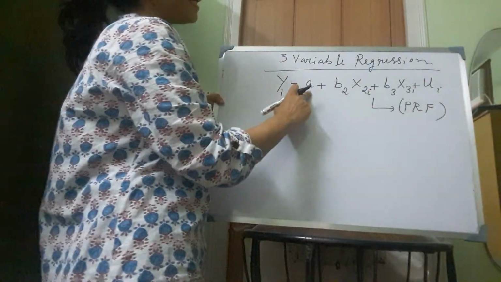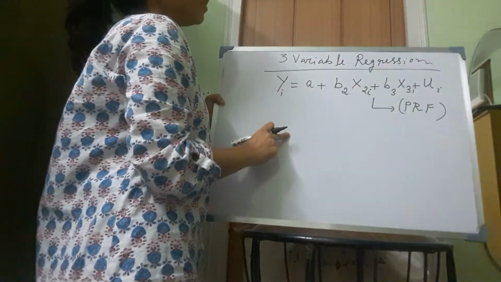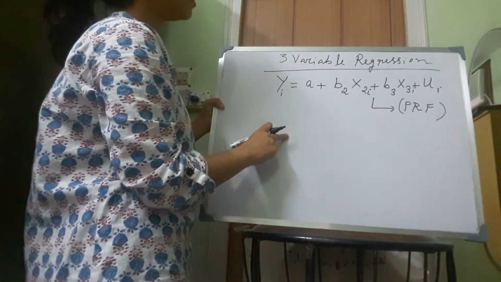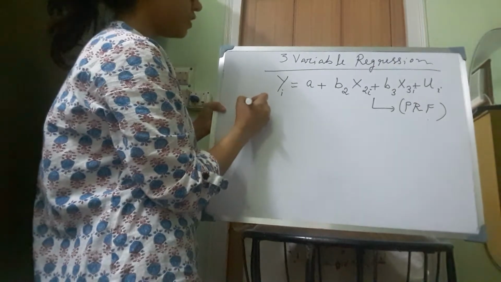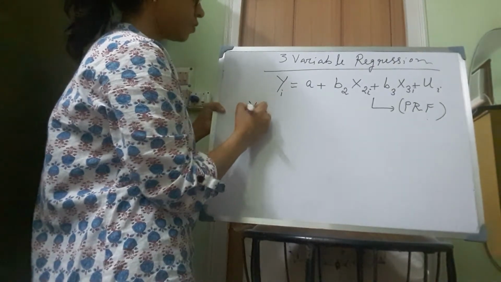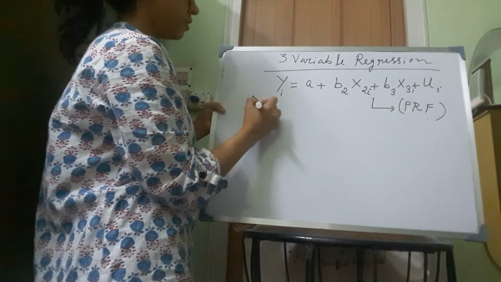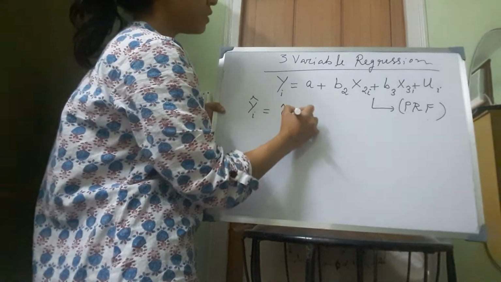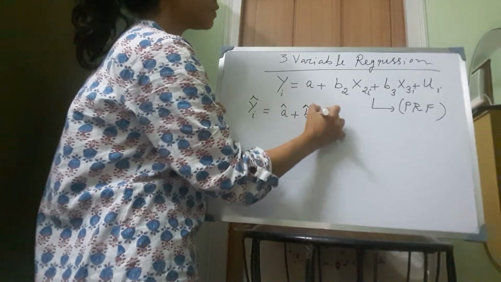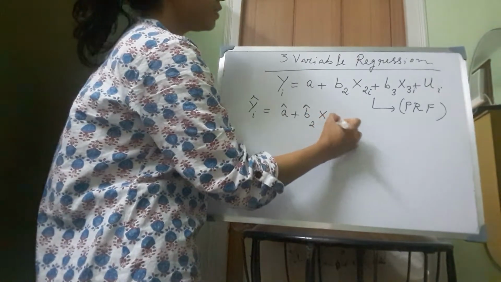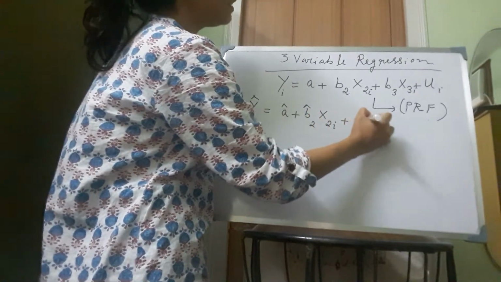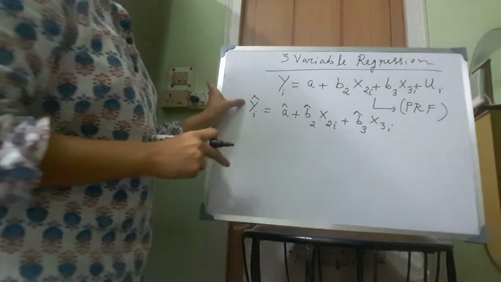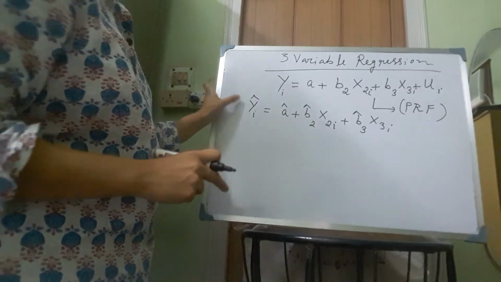Now for estimating a, beta 2 and beta 3, we have to apply the ordinary least square method. So for doing that, we have to find out yi hat, that is equal to a hat plus b2 hat x2i plus b3 hat x3i. So this is our estimated yi hat.